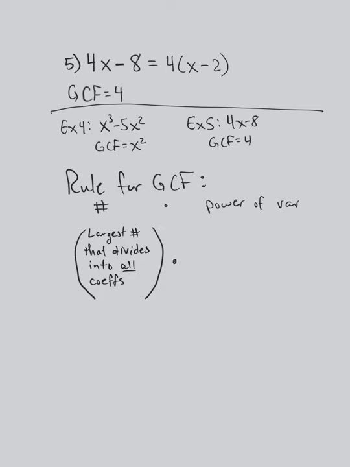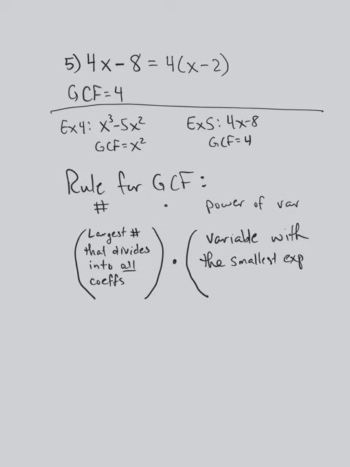And then times, if we look back at example 4, it's going to be the variable. But notice that we get exponents. So let's look back at example 4 right there. We had x to the third and x squared, but which power did we factor out? The smallest power. And so it's going to be the variable with the smallest exponent.